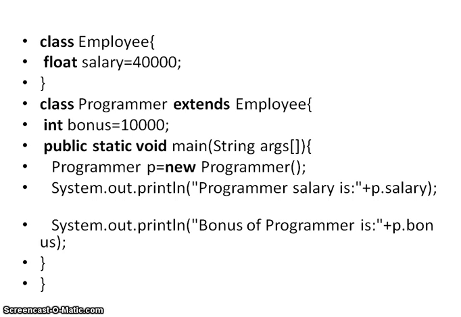Bonus is available in the Programmer class, so that can be displayed over here. The output of this program is: Programmer salary is 40,000 and bonus of the programmer is 10,000. Now you do this program and let's see what output you get. So this is the example of inheritance.